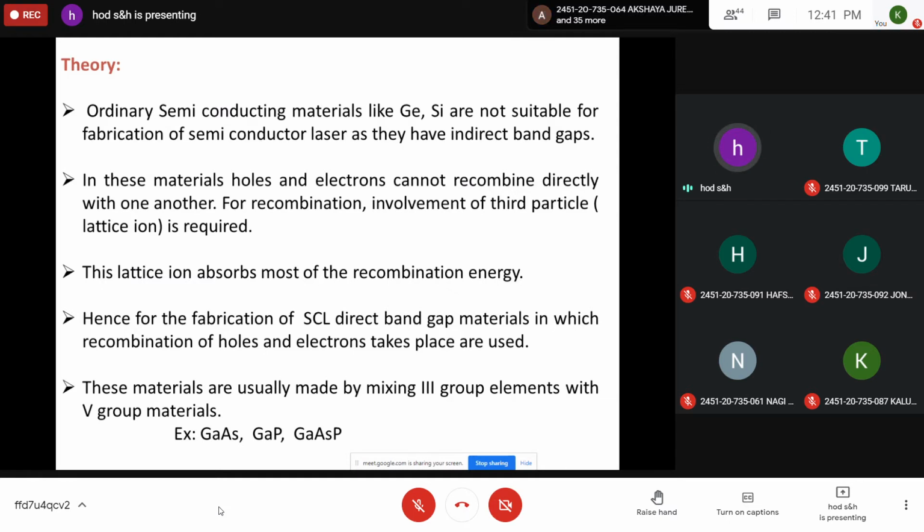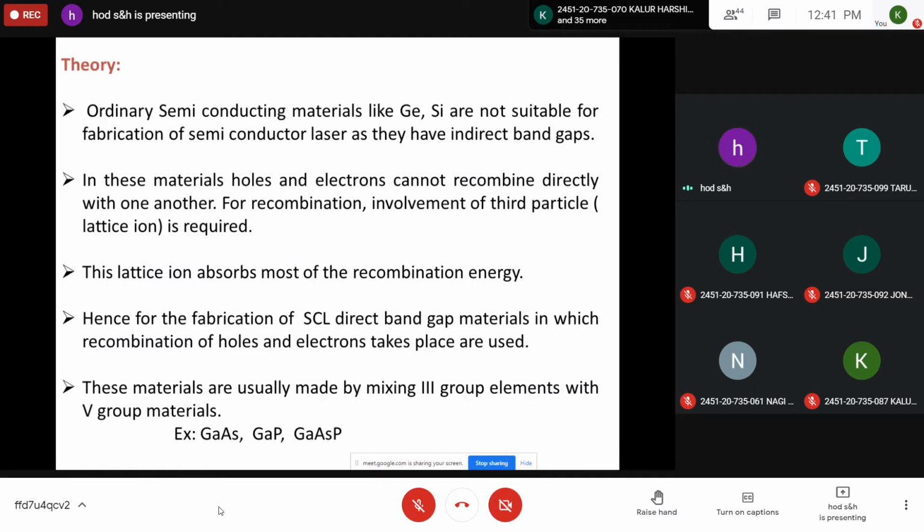So this also you should understand. Ordinary materials like germanium and silicon are not suitable for fabricating semiconducting lasers because they have indirect band gaps. Even when forward bias voltage is applied, electrons and holes cannot recombine directly in the junction region. For the recombination, involvement of a third particle, the lattice ion, is required, and this lattice ion absorbs most of the recombination energy.